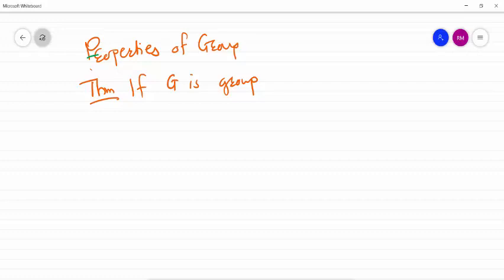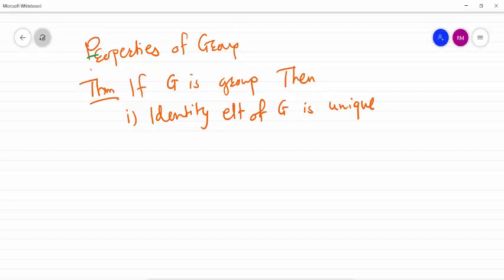Means instead of writing A star B, we just write AB. So then the first claim is: the identity element, in short we write ELT, of G is unique.